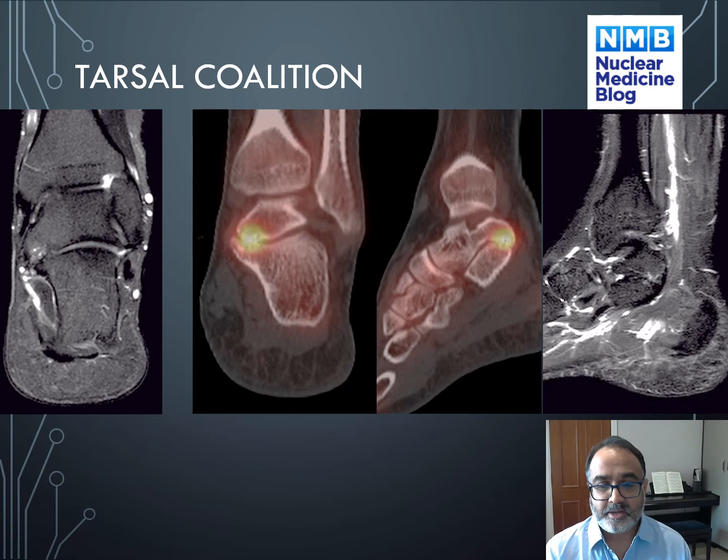And you can see how, although the coalition is visible on the MRI scan, there is very little edema associated with that. So there is a fibrous coalition there, but actually there's quite intense uptake, suggesting that there is a pseudoarthrosis and chronic repetitive stress and motion at that level. So it goes to show how the findings on MRI can be quite subtle and sometimes missed, and SPECT-CT highlights those findings quite easily.